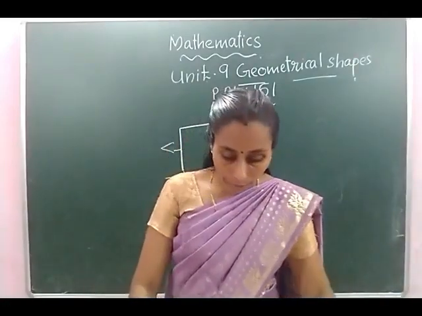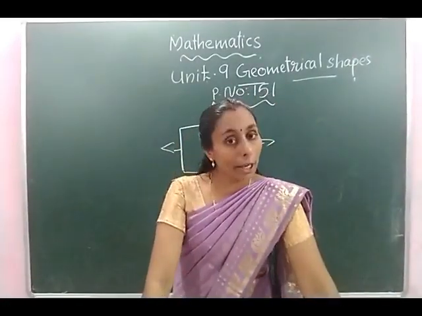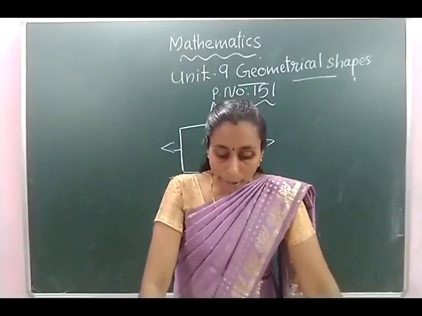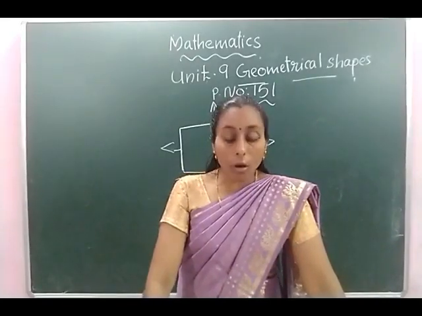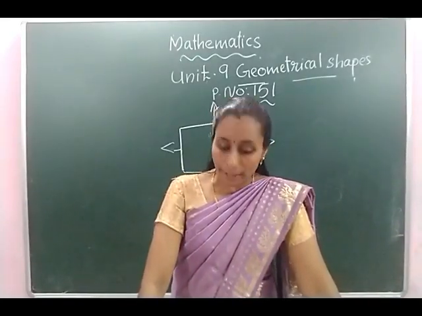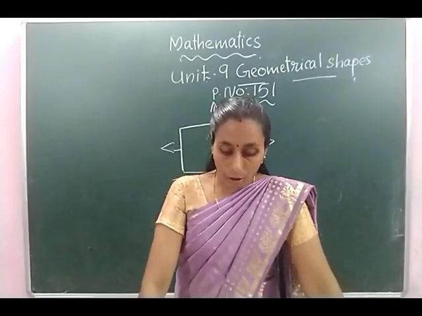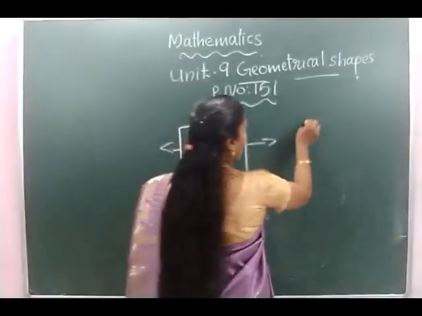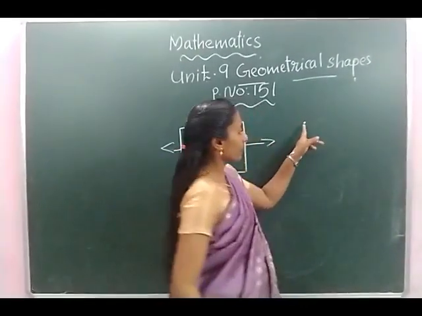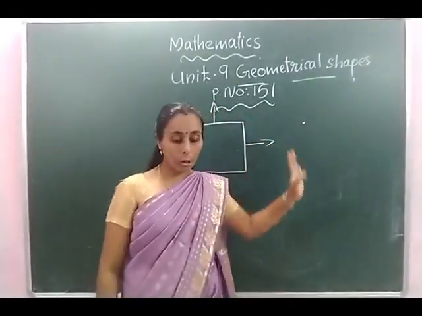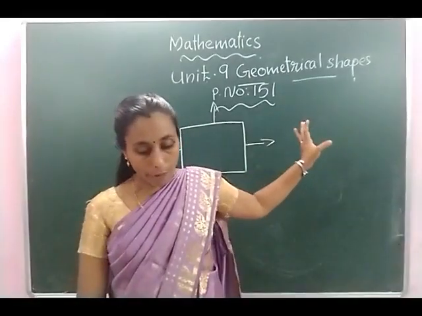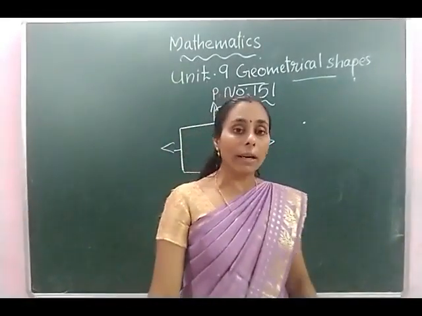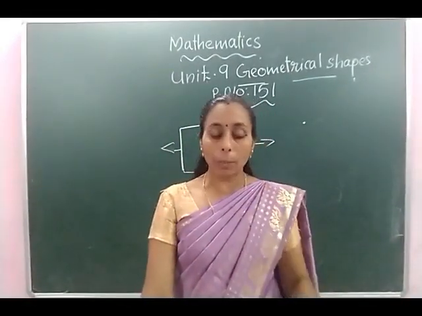Then the next one, point. A point is a dot represented on a plane surface, a small dot. What is called a point?